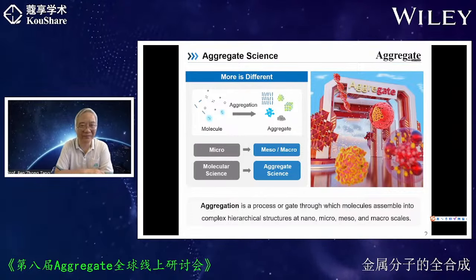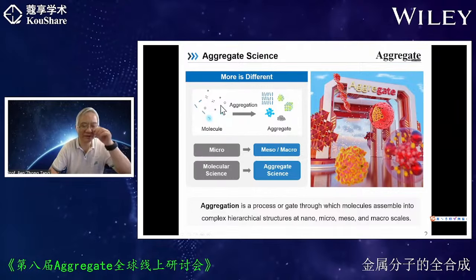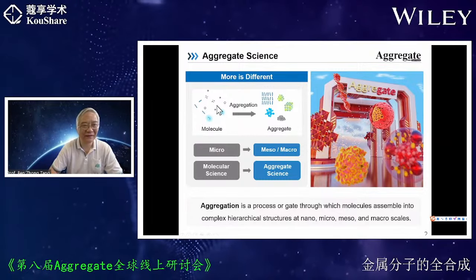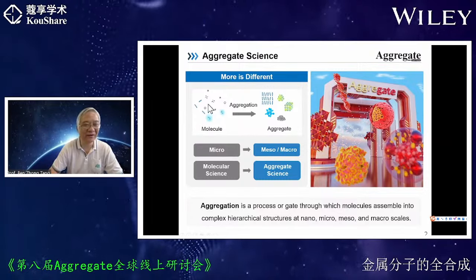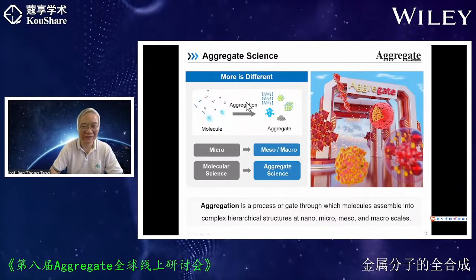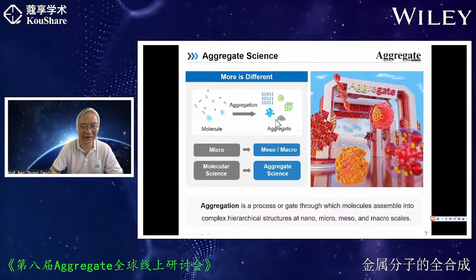People are talking about molecules. As you can see from here, so far most research is concentrated on molecules. However, we seldom use single molecule species in real applications. When molecules are aggregated, you get an aggregate.